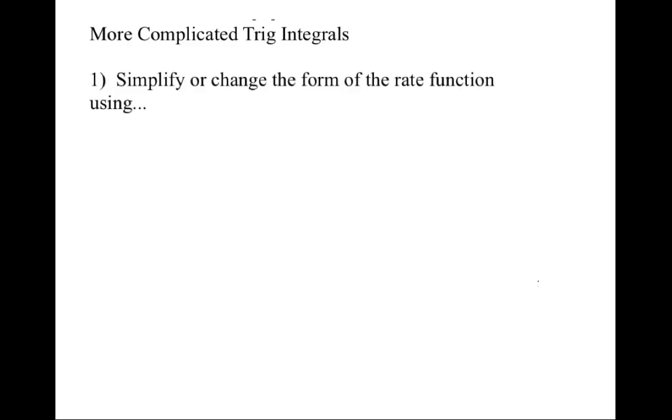So here's the strategy. First step is to simplify or change the form of the given integrand using one of two things. Either we're going to use trig identities to change this thing around or reform it, or just algebra and arithmetic.